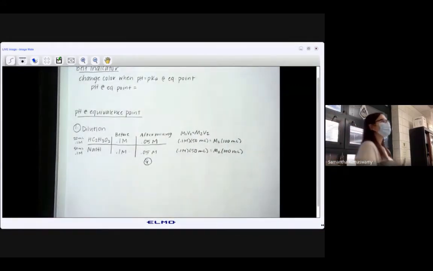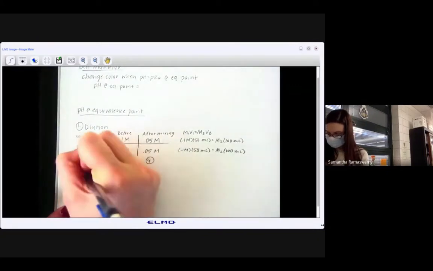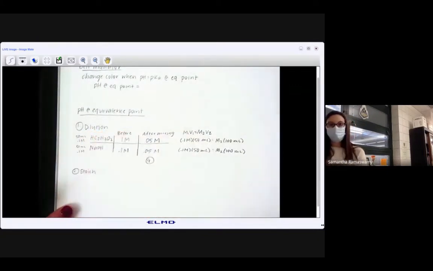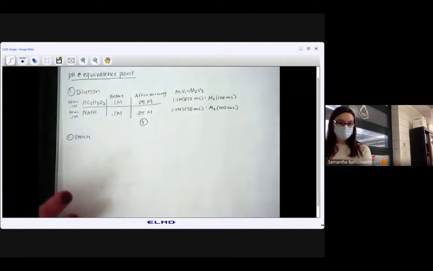Notice how they're equal because we're at the equivalence point. So now we found the dilution. After you find the new molarities, after you mix the two together, we look at the stoichiometry. Because the stoichiometry, we're looking at the neutralization.